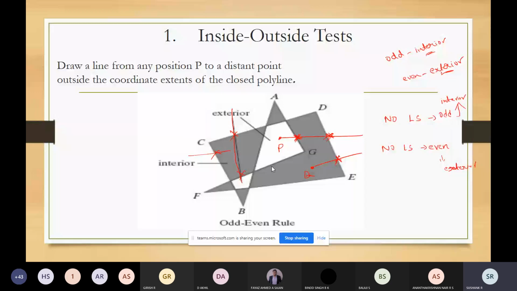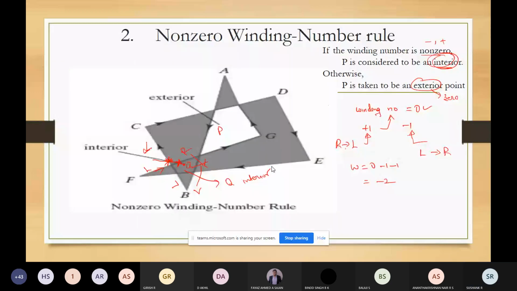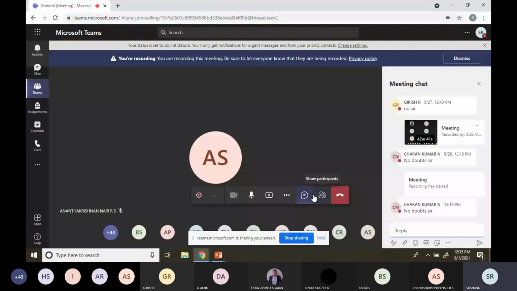Whether you understood this, yes or no? Is this point clear, the non-zero winding number rule? Someone respond whether you are understanding this or not. Any doubts?